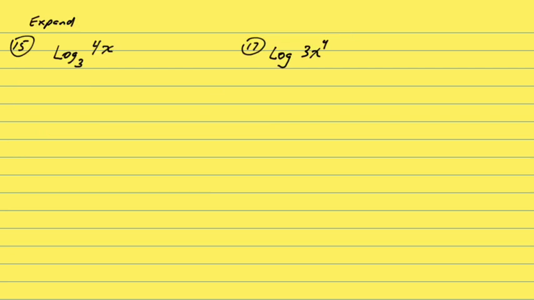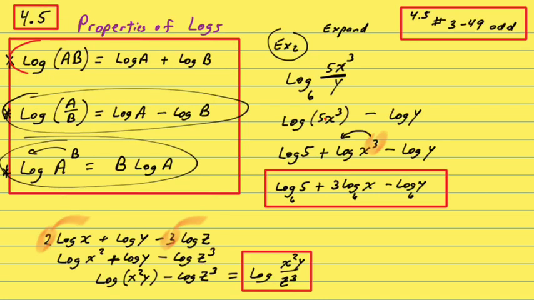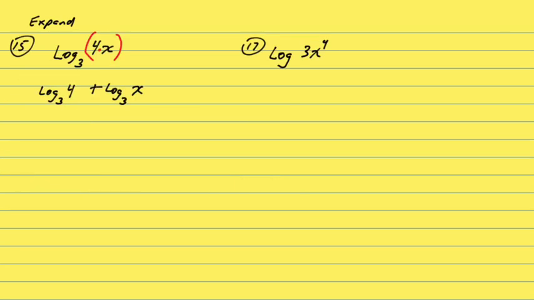On 15 and 17, they want us to expand. This would be log of 4 plus log of x. Why? Because this is the log of a times b. And the log of a times b is log a plus log b. So this is log 4 plus log x.